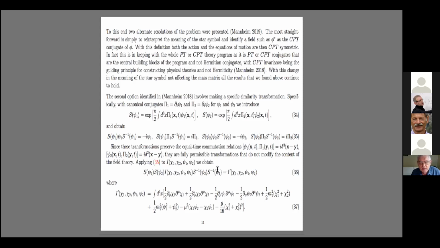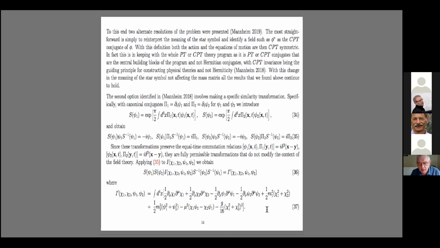We apply it to the expression that I just introduced a moment ago, and we get a new function, and here it is. So we can proceed as we did before. Nothing can change because a similarity transformation cannot change the mass matrix, and therefore not the mass eigenvalues.